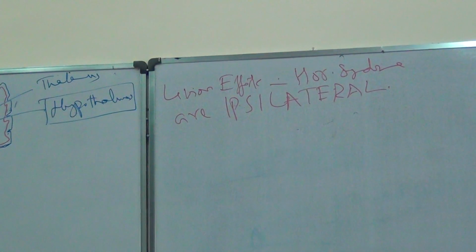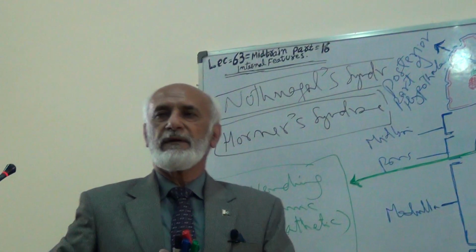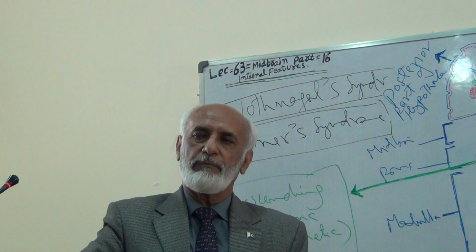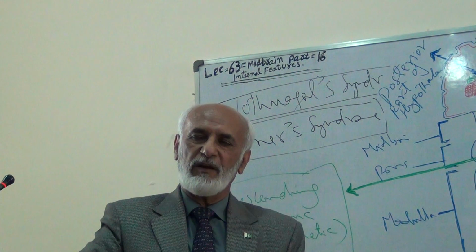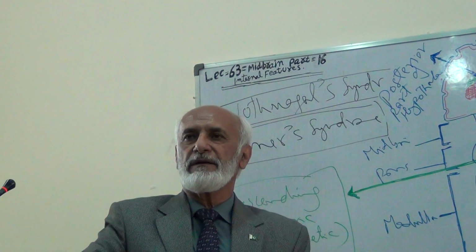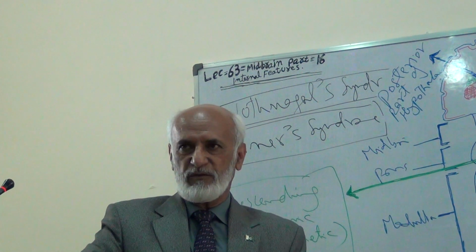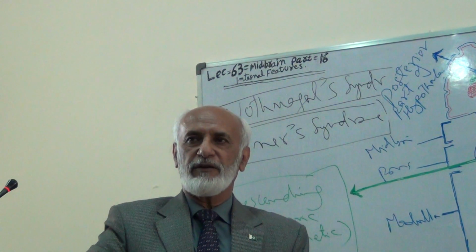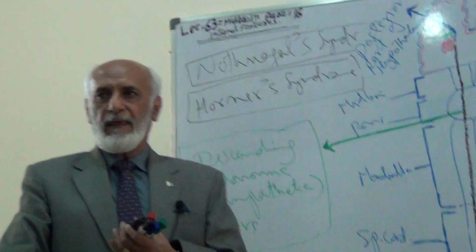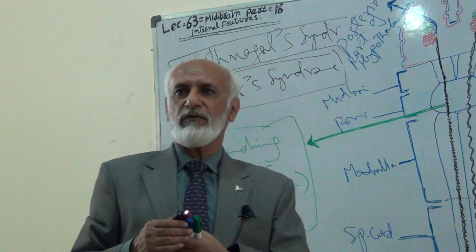Now, what will be the signs and symptoms of a lesion of this descending sympathetic pathway extending from the posterior hypothalamus down to the lateral gray column of the T1 spinal segment, that is, up to the ciliospinal center located in this lateral horn of the T1 segment?